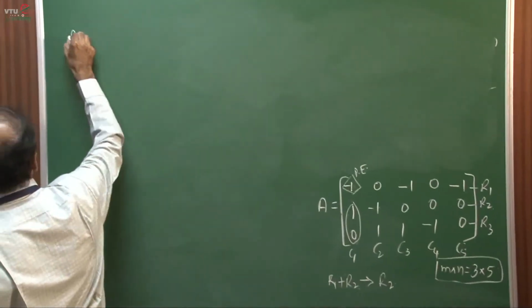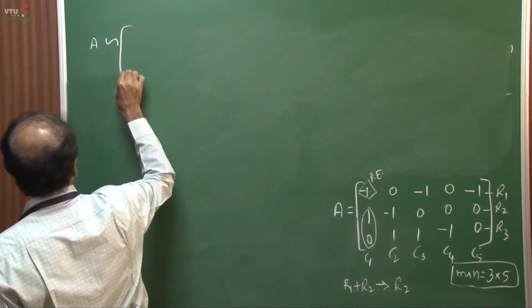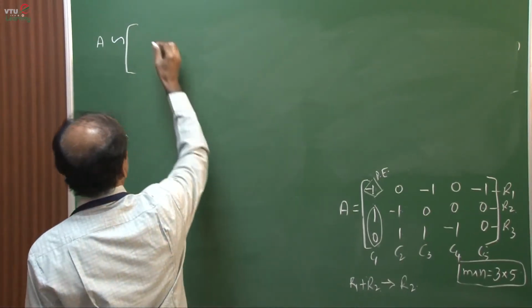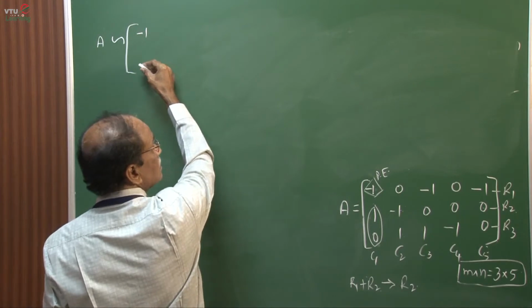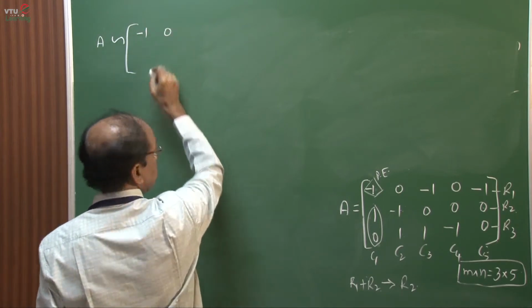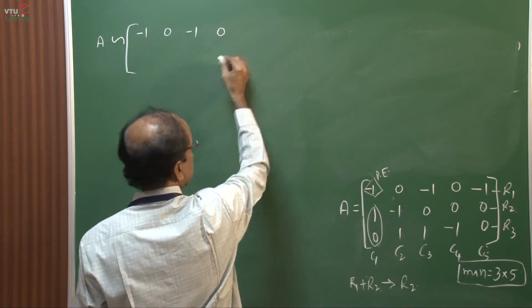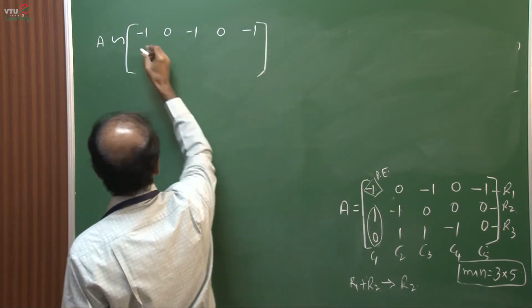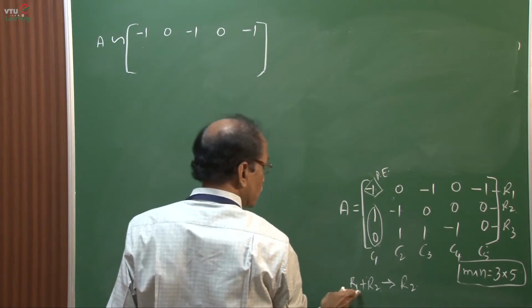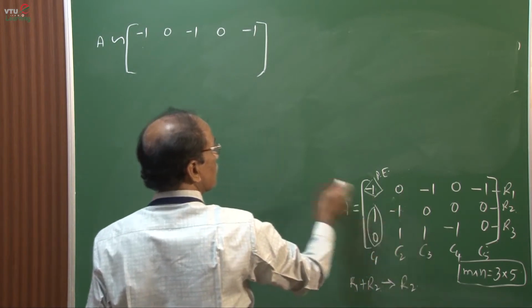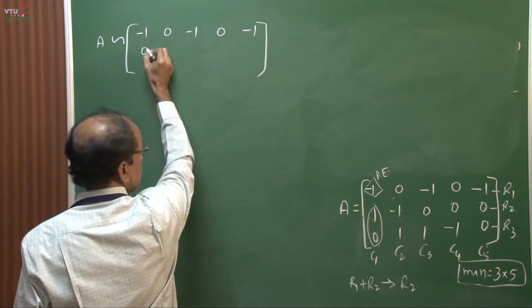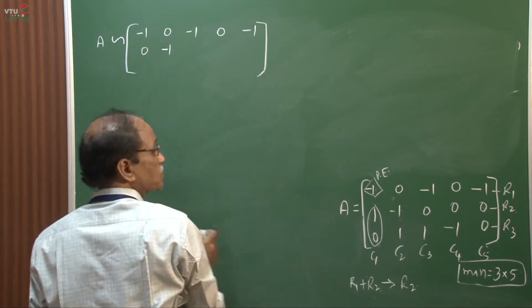Then A is equivalent to, first row you will write as it is: minus 1, 0, minus 1, 0, minus 1, 0 and minus 1. Now the second row, that is R1 plus R2. R1 plus R2 means this is 0, this remains to be minus 1.